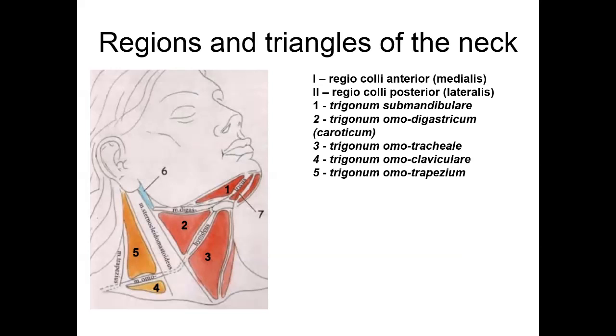They are used in this definition. So if we forget the name of a triangle, we can remember its sides, and using these sides we can call the name of the triangle. So, 5 triangles and 2 large regions.